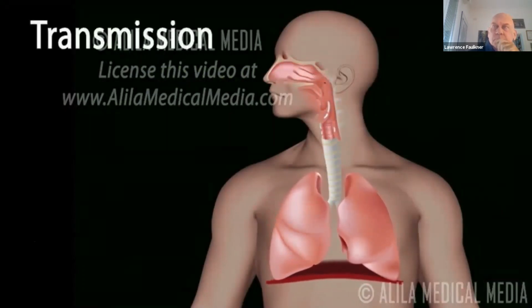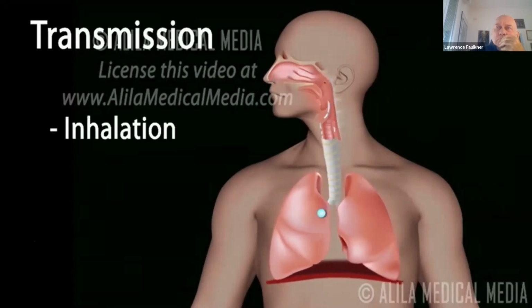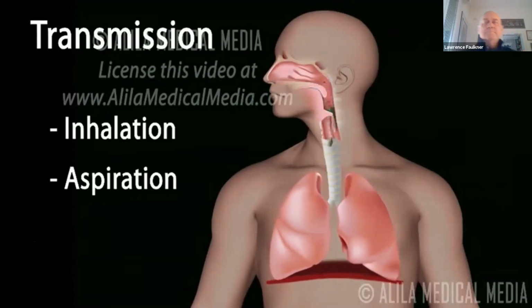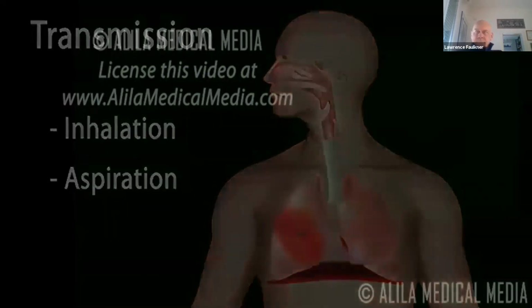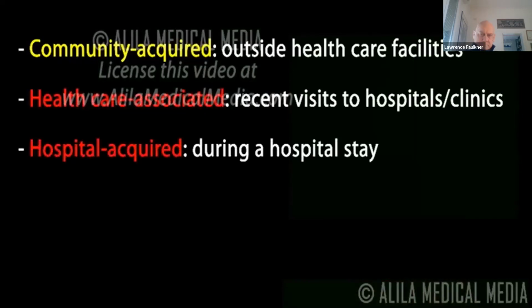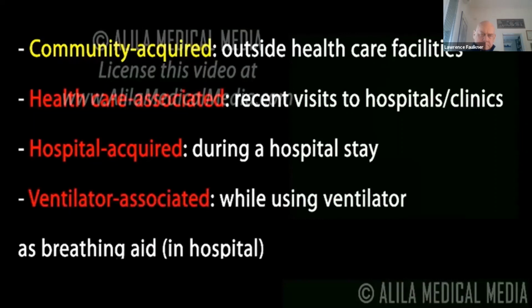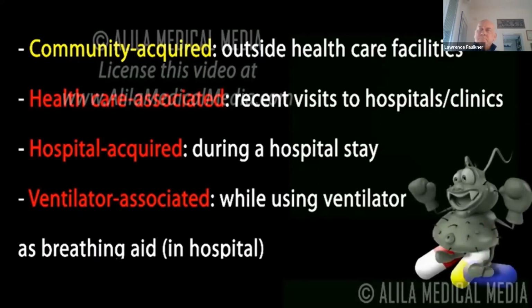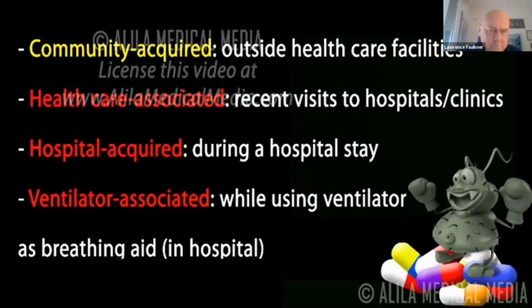The most common routes of transmission are through inhalation of contaminated aerosol droplets and aspiration of oral bacteria into the lungs. The setting in which pneumonia develops is important information as it helps to identify the source of the causative agent and hence the treatment approach. Generally, community-acquired pneumonia is less dangerous than healthcare-associated, hospital-acquired, or ventilator-associated pneumonia. This is because an infection contracted outside healthcare facilities is less likely to involve multi-drug resistant bacteria. Patients who are already in hospitals are more likely to have other health problems and weakened immune system, and are thus less able to fight the disease.